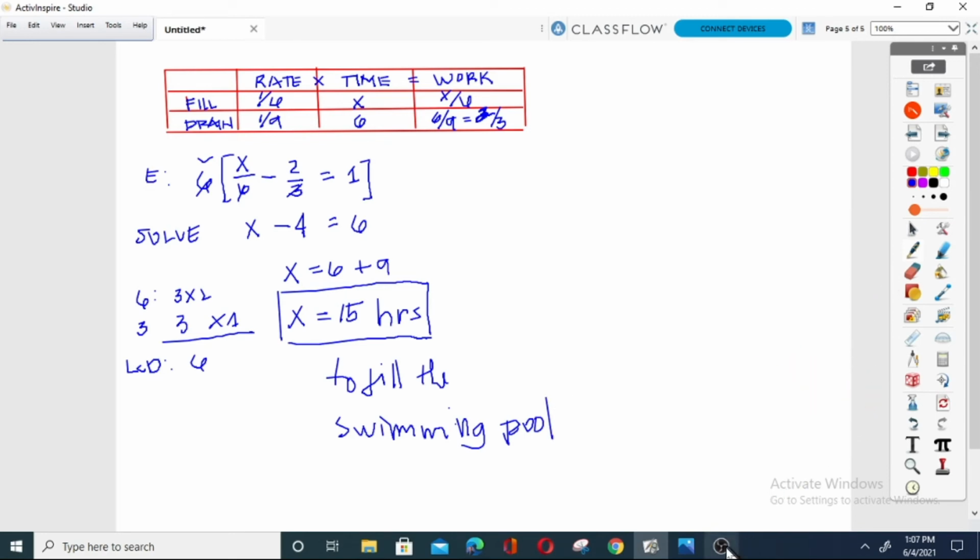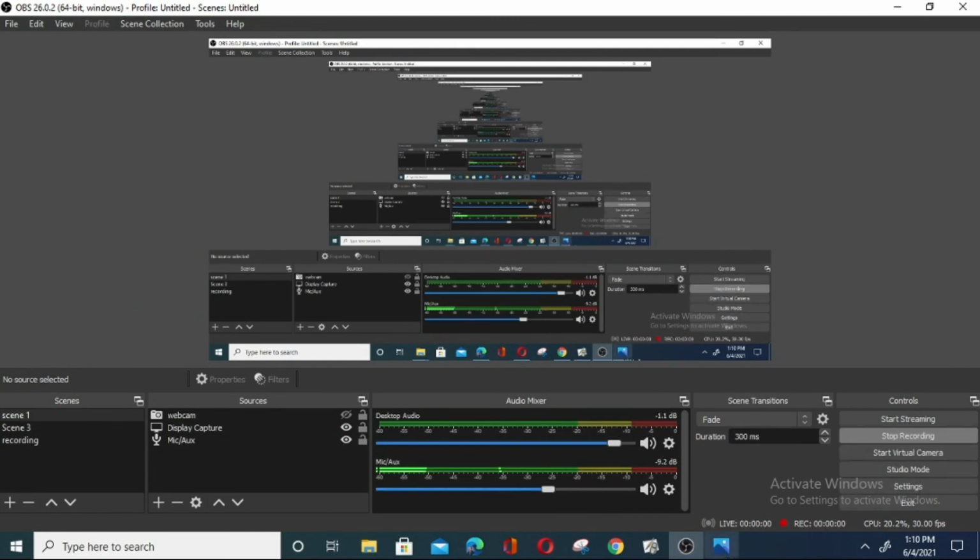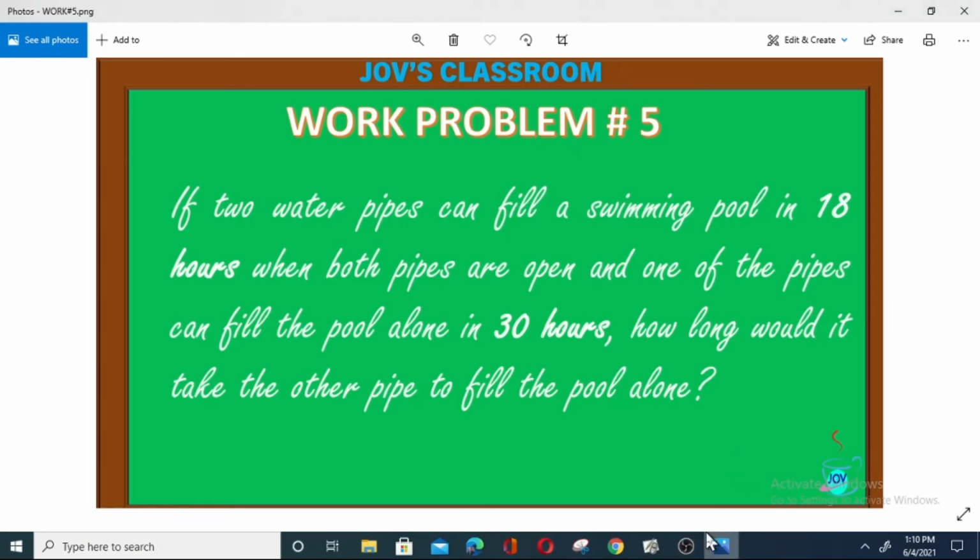All right, so let's move on to question number 5. If 2 water pipes can fill a swimming pool in 18 hours when both pipes are open, and one of the pipes can fill the pool alone in 30 hours, how long would it take the other pipe to fill the pool alone?